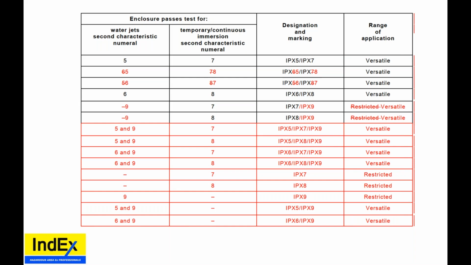Under ATEX, Zone 2 equipment can be a manufacturer's declaration. Now, there are still testing requirements that they must do: EMC, IP, things like that. When it comes into IECEx and other standards, it still must be third-party tested and certified.